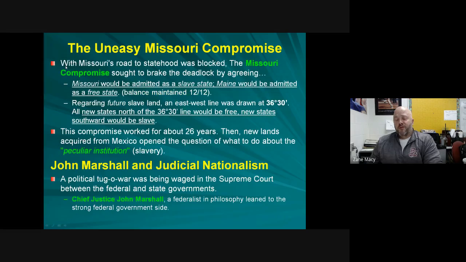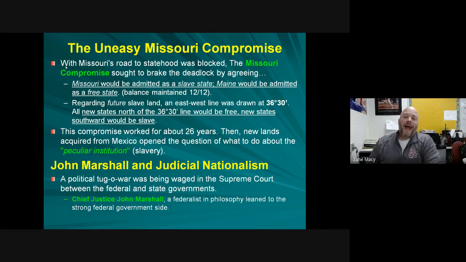Now, this leads to the Missouri Compromise, because if they couldn't come to some agreement between the House and the Senate, some agreement in Congress, Missouri's just going to sit in limbo as a territory. So the road to statehood being blocked, the Missouri Compromise ends up being the agreement to move the process of Missouri achieving statehood forward.